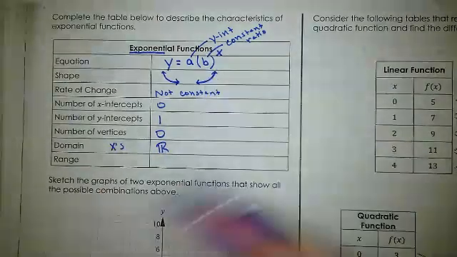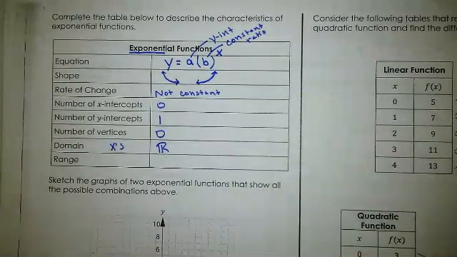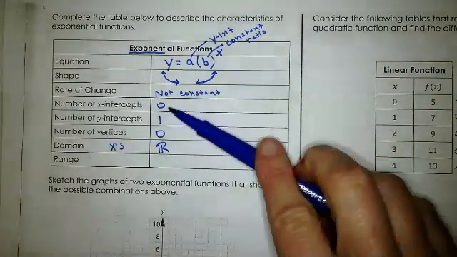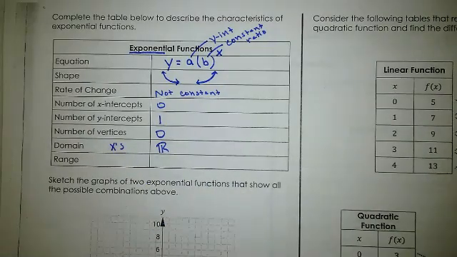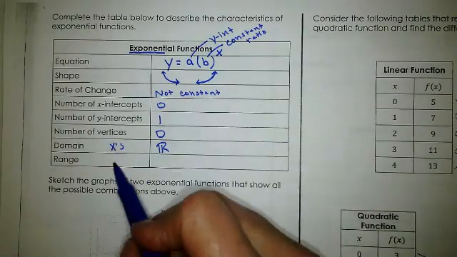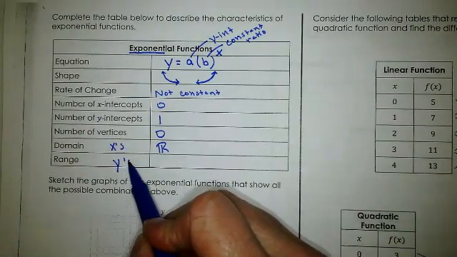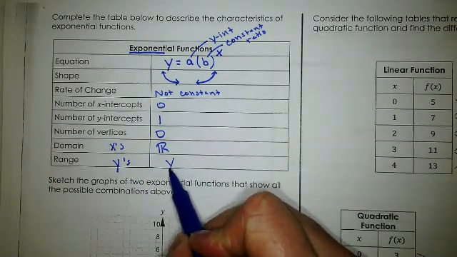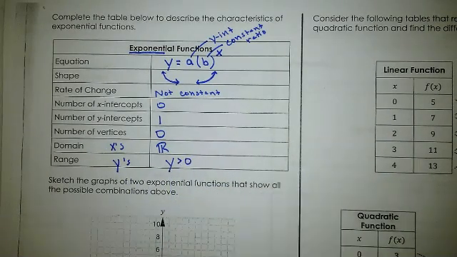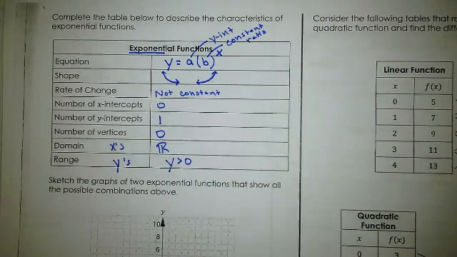You could put anything in there, get something out. For your range, though, because we're not going to have any x-intercepts, we're never going to be able to get 0 or any negative numbers out for y. So your range, your y values would have to be greater than 0. So you're not allowed to get out 0. You're never going to have a negative.